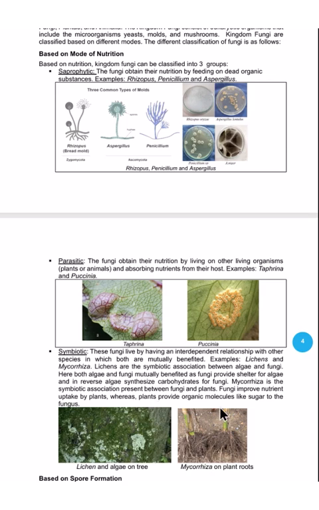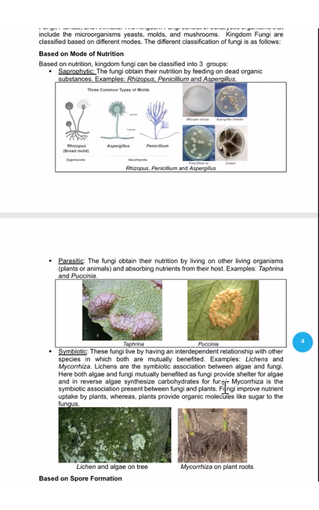Symbiotic, these are the mutual benefit between the living organism and the fungus. There are two main types: lichens and mycorrhizae. The lichens have a symbiotic association with algae, and usually they benefit each other.